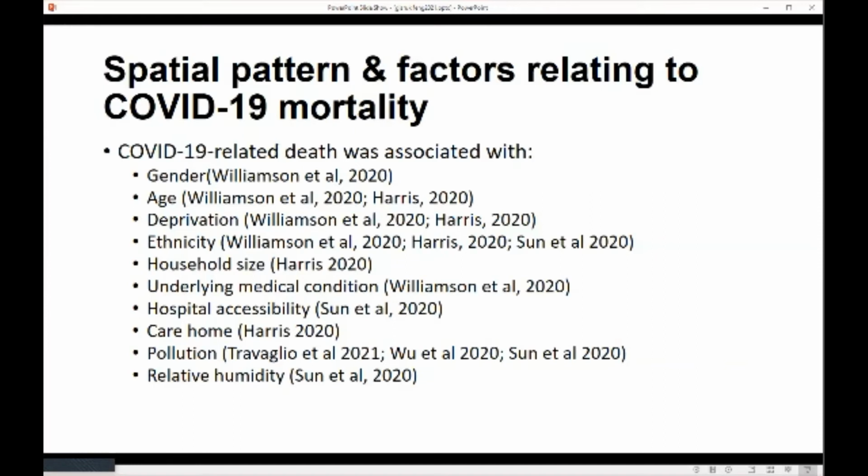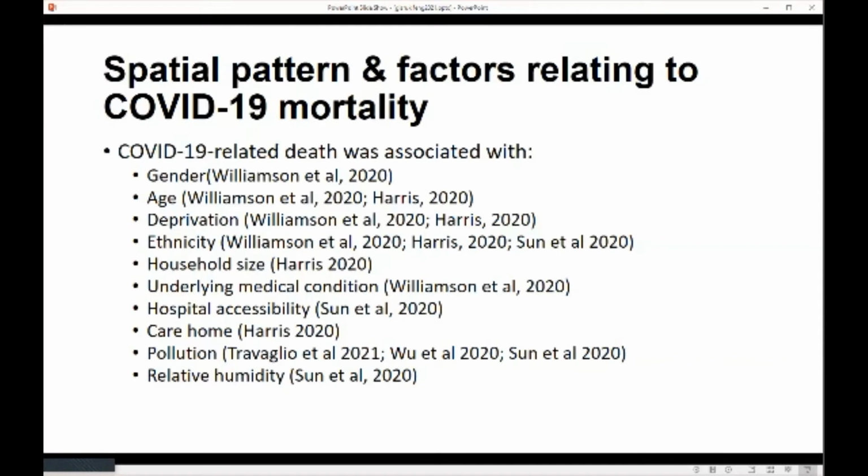And for age, we know older people tend to have higher mortality rates. In the first wave, over 90% of deaths actually occurred among people who are over 60.